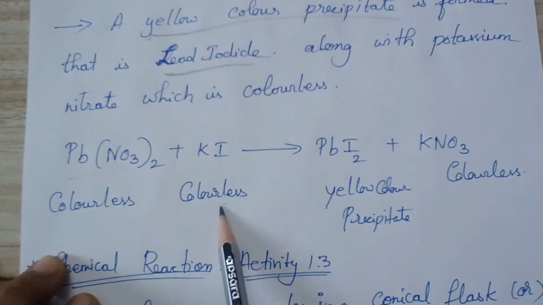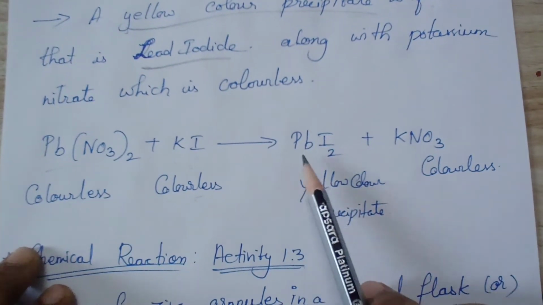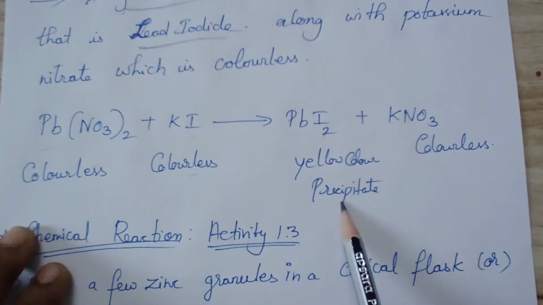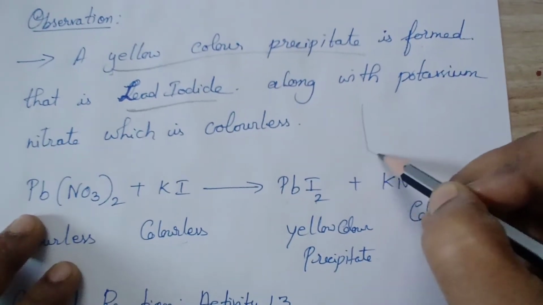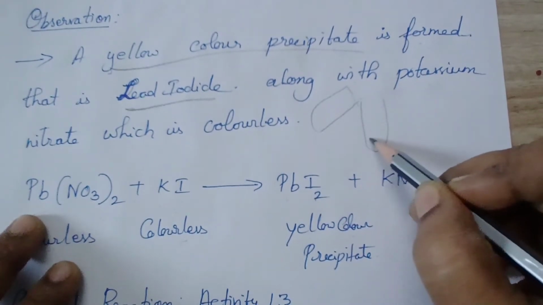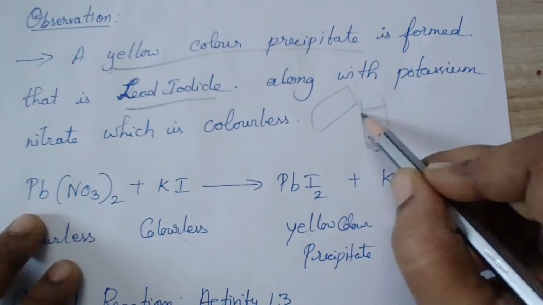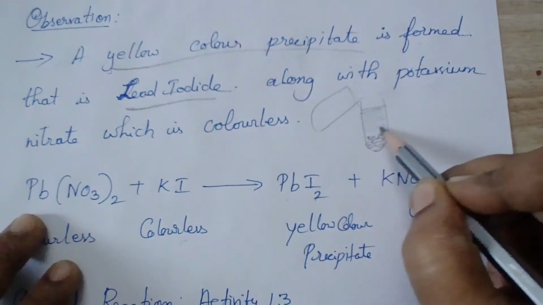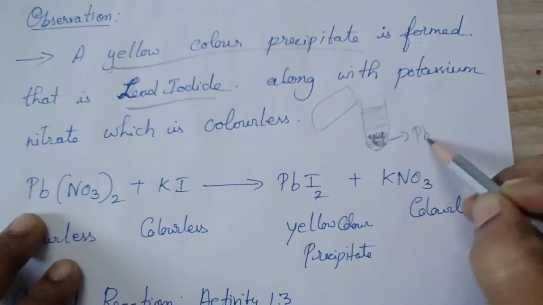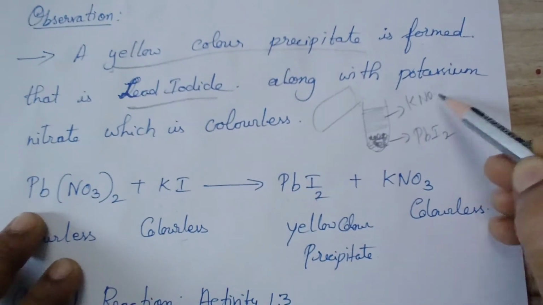When you add potassium iodide to lead nitrate, a new compound forms: lead iodide, which is yellow and precipitates. While mixing in the test tube, the yellow precipitate settles down because it is insoluble, and a clear solution remains above it. The yellow precipitate is lead iodide, and the clear solution above is potassium nitrate, which is colorless.